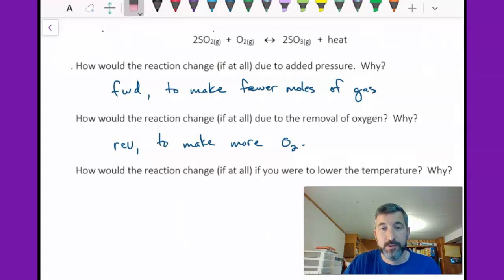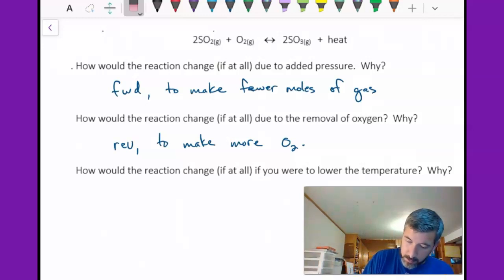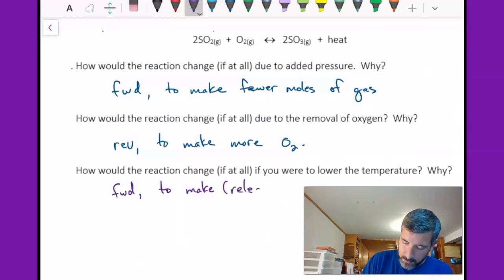Okay, anytime we lower the temperature, the reaction is always going to speed up in the exothermic direction. In other words, whichever side produces heat, which would mean, in this case, forward, to make or release more heat.